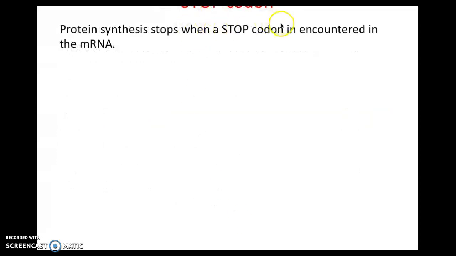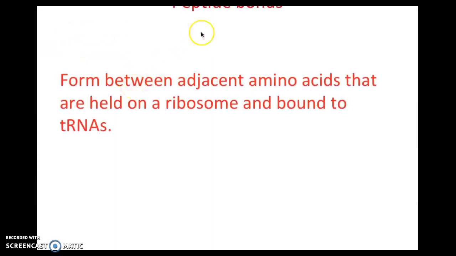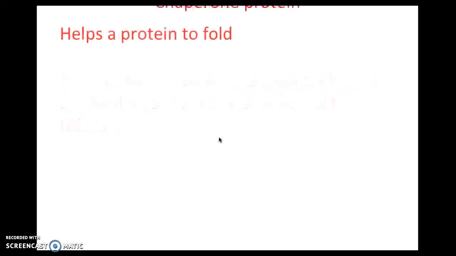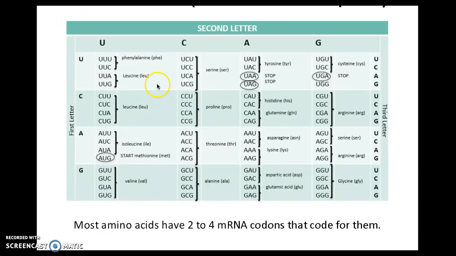A stop codon, whenever that is encountered, protein synthesis stops. Peptide bonds are formed between adjacent amino acids, and they hold those amino acids together. A chaperone protein helps a protein to fold. It guides a protein in the folding process.